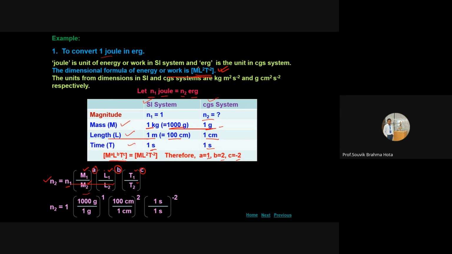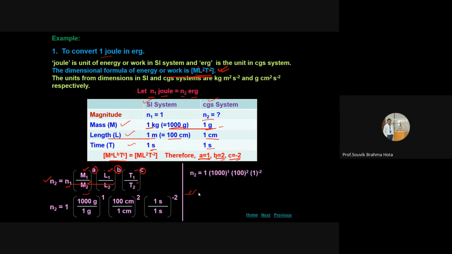So here in M you don't have anything, so you have only 1, for L you have 2, and for T you have minus 2. So here a should be 1 with the mass, so that is why it is written 1. For b with the length it should be 2, for c with the time it should be minus 2. So that is what we have written over here.